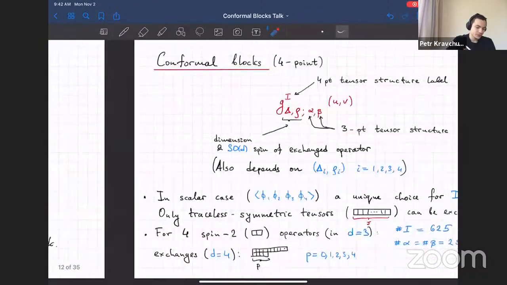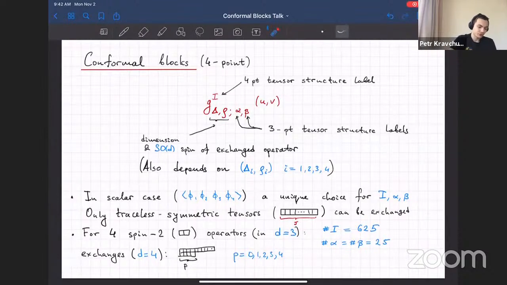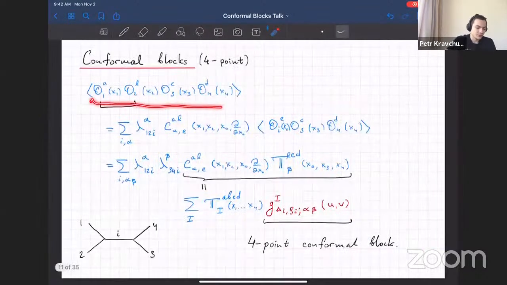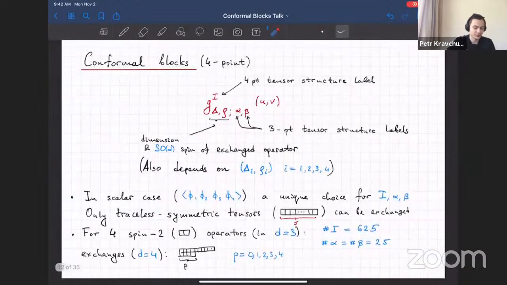As I said, there is a bunch of information which goes into this conformal block. There is the 4-point tensor structure, the 3-point tensor structures, and the quantum numbers of the exchanged operator. It also implicitly depends on the operators in the 4-point function, sometimes called external operators, so it depends on their dimensions delta i and Lorentz representations rho i, but it doesn't depend on the actual operators, only on their quantum numbers.